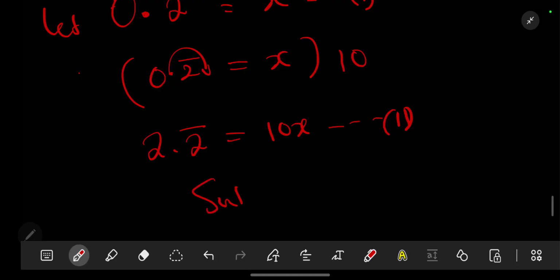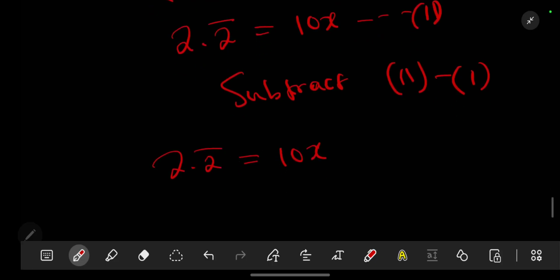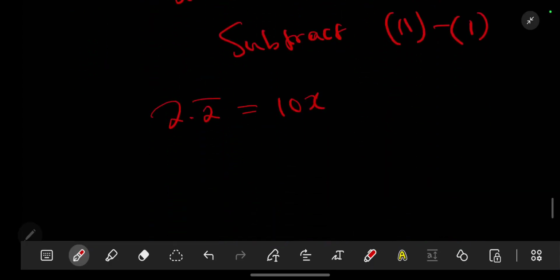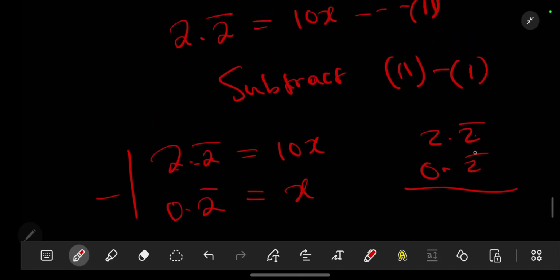Then from there, subtract equation number 1 from equation number 2. Equation number 2 is 2.2 bar equal to 10x, and the first equation is 0.2 bar equal to x. If you subtract these, 2.2 bar minus 0.2 bar, 2 minus 2 is 0, and 0.2 minus 0 is 2.